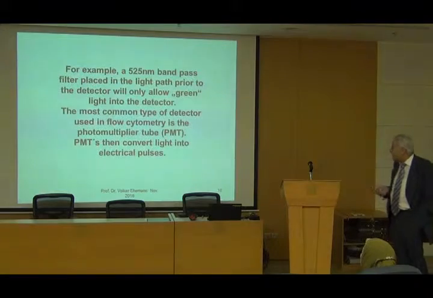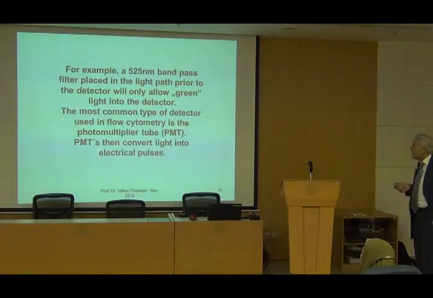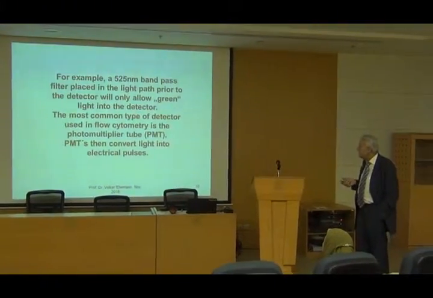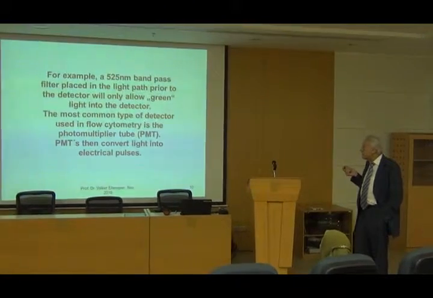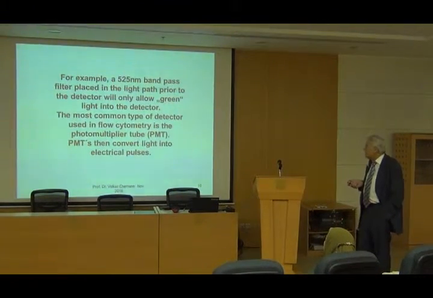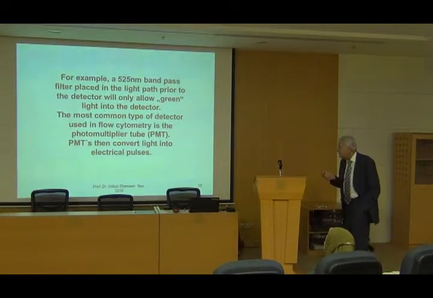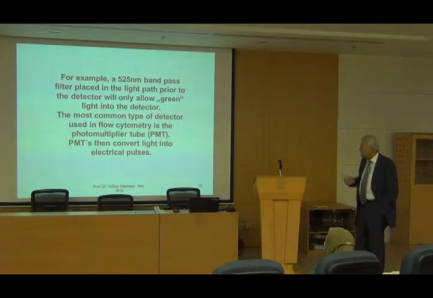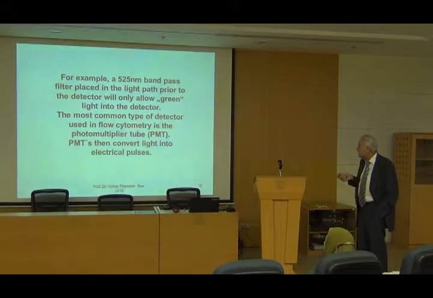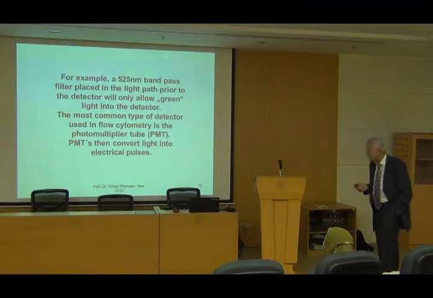For example, a 525 nanometer bandpass filter placed in the light path prior to the detector will only let green light be detected. The most common type of detector used in flow cytometry is a photomultiplier tube, which converts light into electrical pulses.